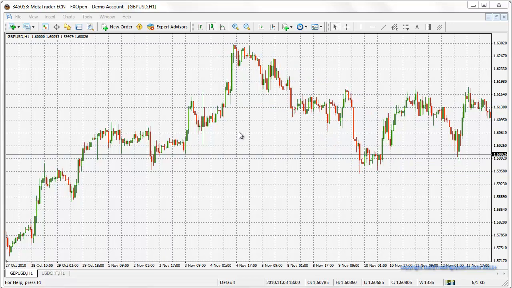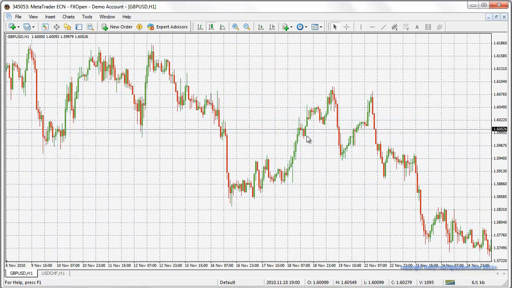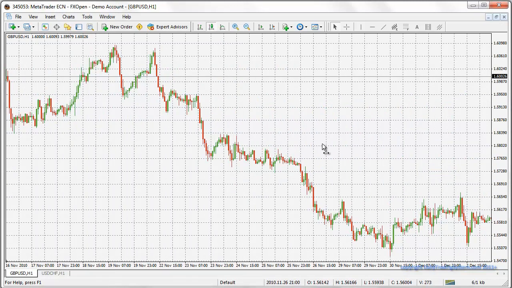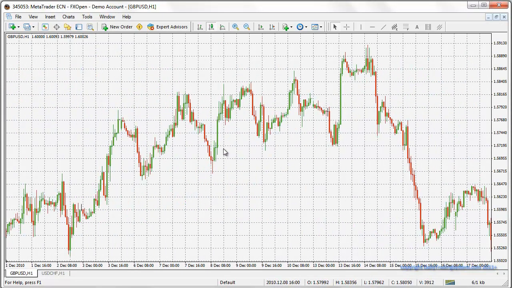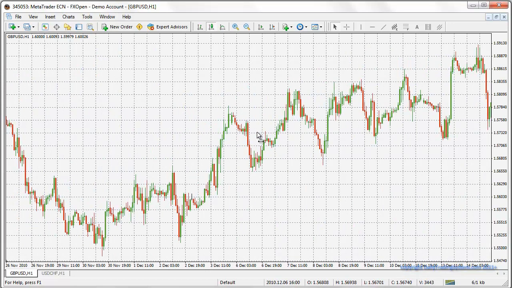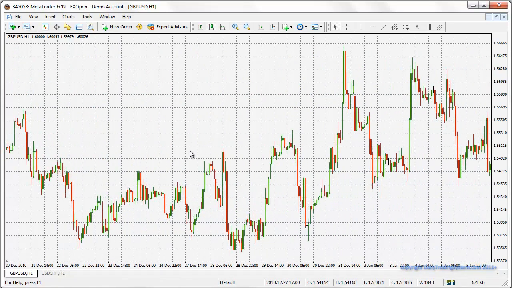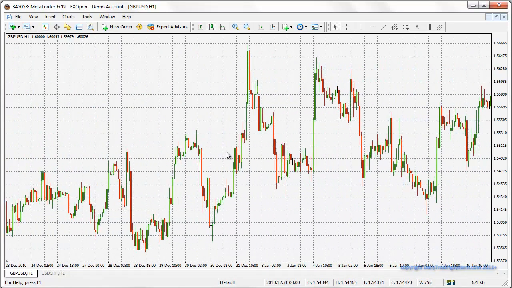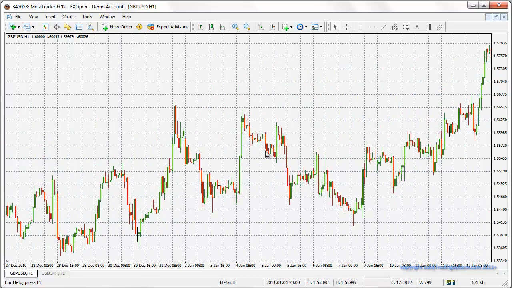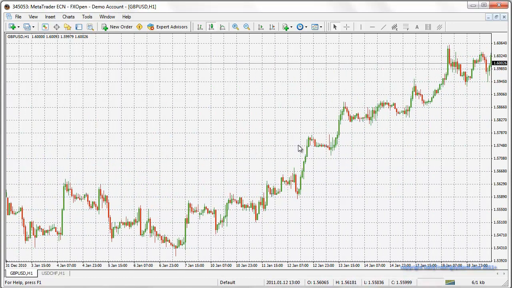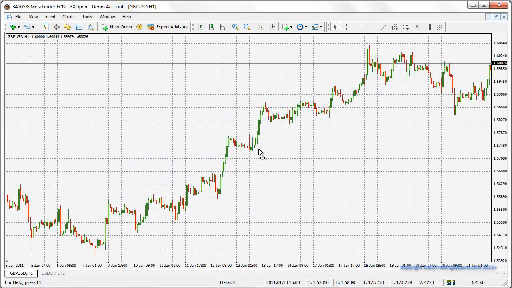So that's that one. Let's see if we can find some other examples. I bet some people will be able to spot these a lot quicker than I do. Again, this is not really something that I use, rising wedges and stuff like that. I'm more into candle patterns myself, and support and resistance levels, which is what I've been mainly focusing on.